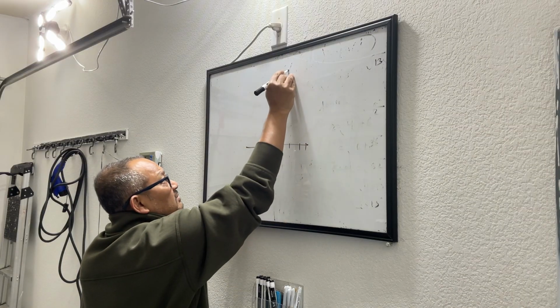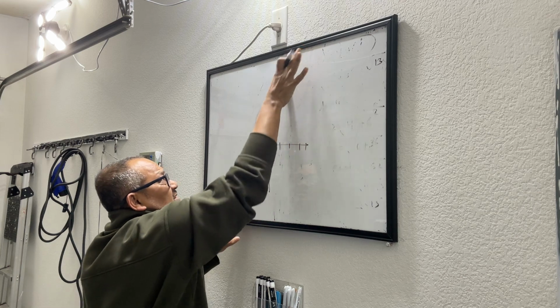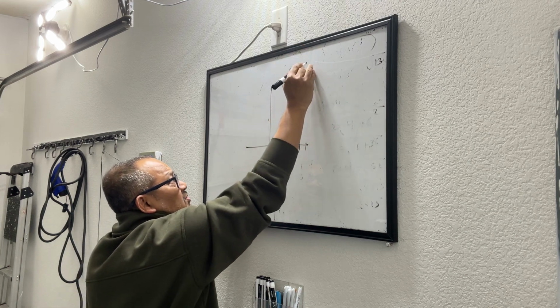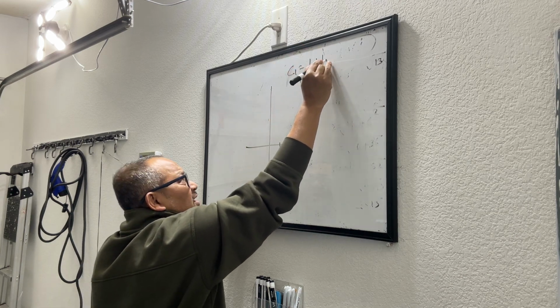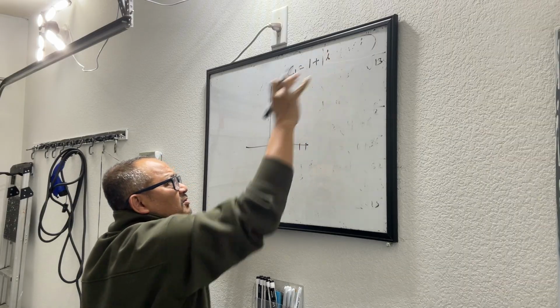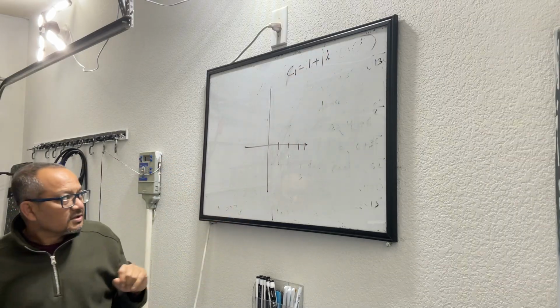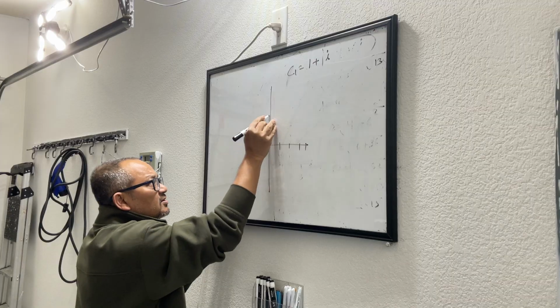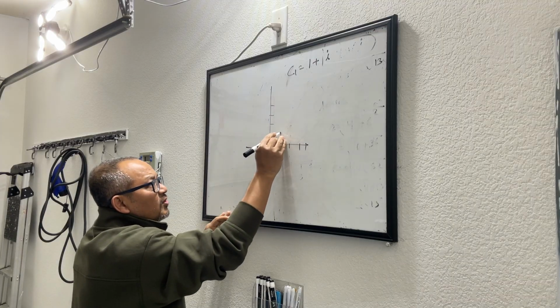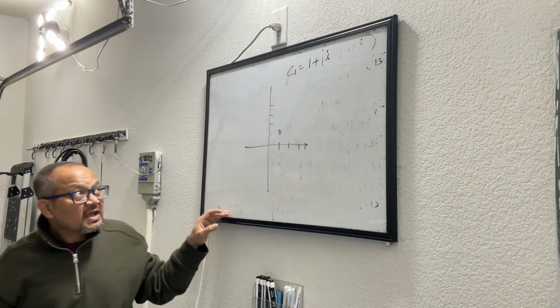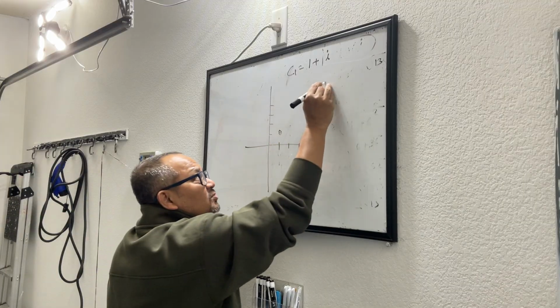I have complex number C1 equal to 1 plus 1i. I'm just picking up a simple easy one, okay? 1 plus i. So that means my complex number is somewhere here, 1 and 1 here. If I multiply this by minus 1, what will happen?